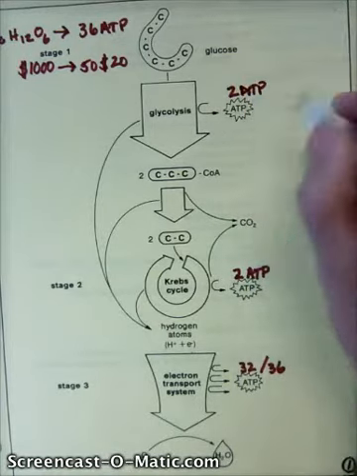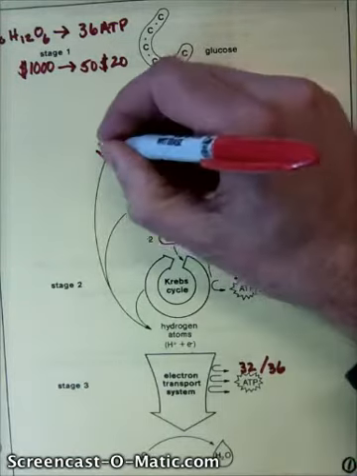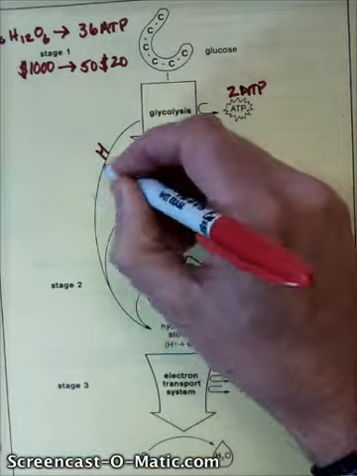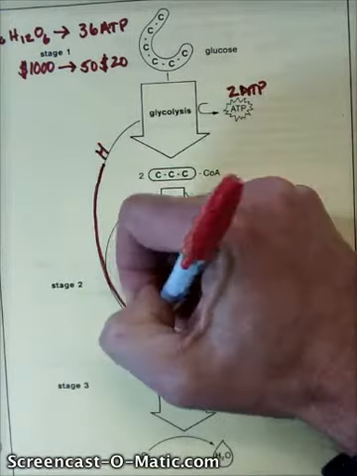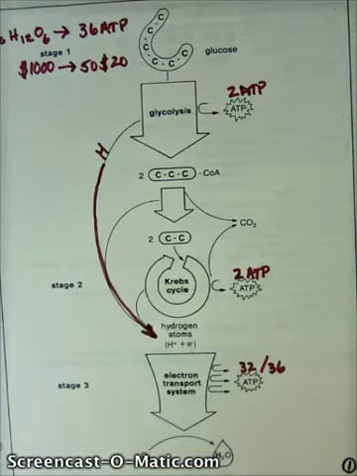And although these steps here don't produce as much ATP, what they do produce are hydrogens that are going to be taken to the electron transport system down here, where they're going to be utilized in the same way that plants use the hydrogen in the light reaction of photosynthesis.